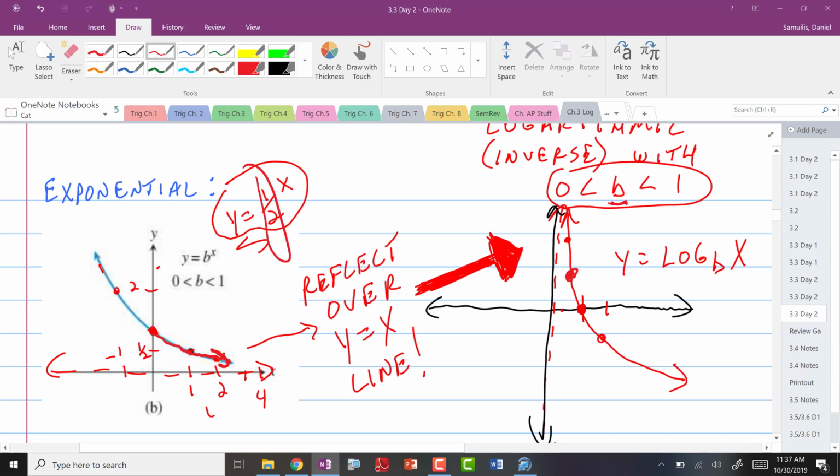When I take (2, 1/4), I'm sorry, I looked at the wrong part of the graph. That point becomes (1/4, 2). So there's where we're approaching the asymptote vertically on the logarithm when we switch x and y. So it's a really good way to look at logarithms: look at its exponential inverse and invert those coordinates to see what the logarithm looks like.